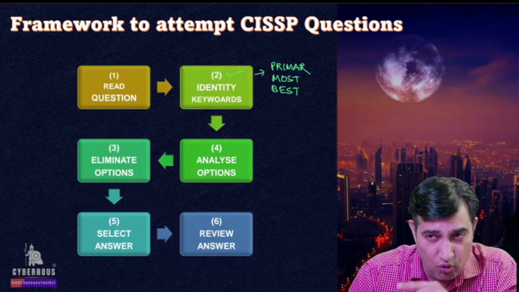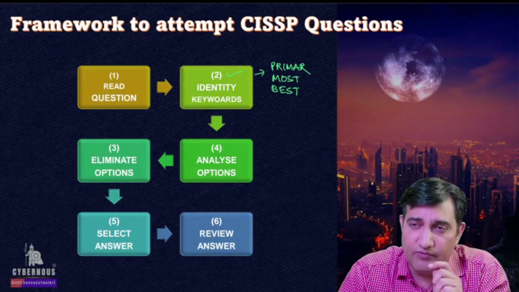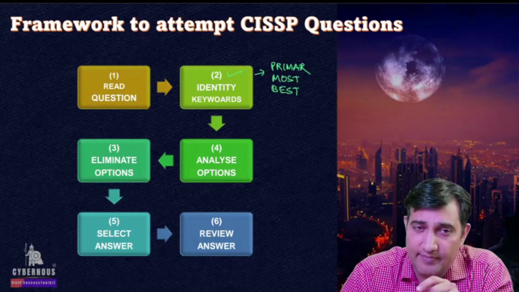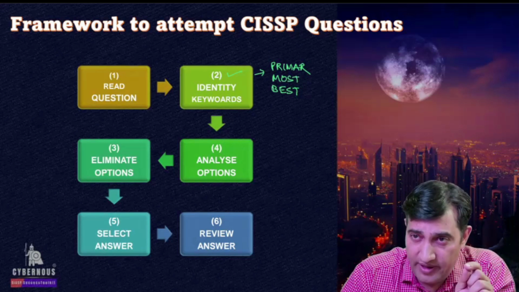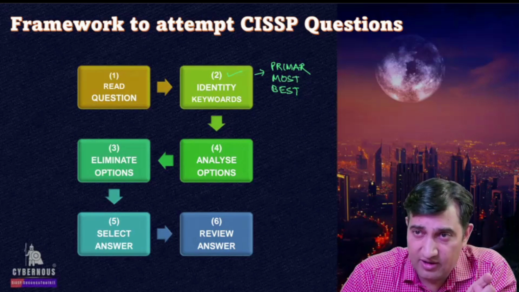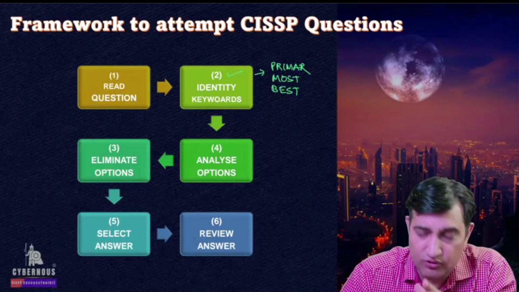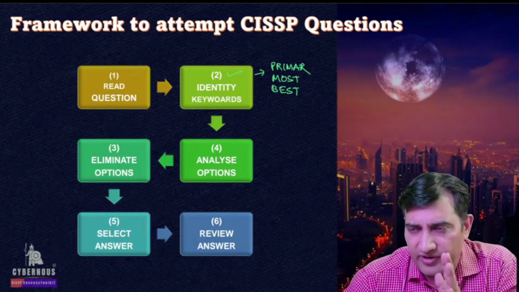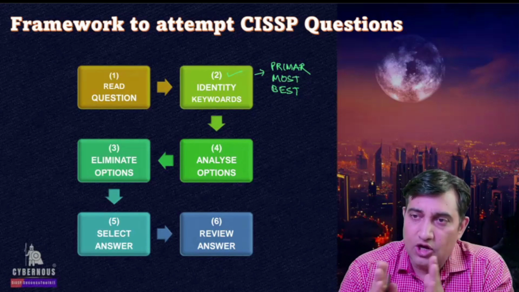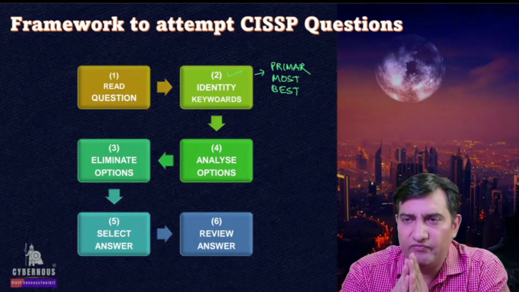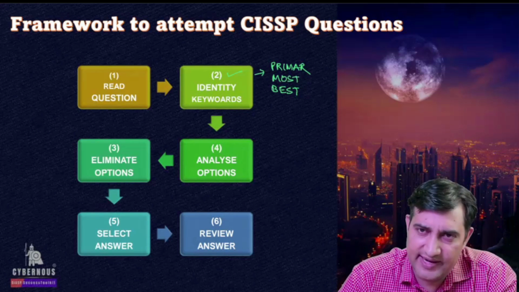If you need to understand more about what these keywords mean and how you should take them in the exam, my team is going to put up a link to my YouTube channel, and I have created an entire series of 2 webinars. You must go through this because that will be very instrumental in your CISSP exam.